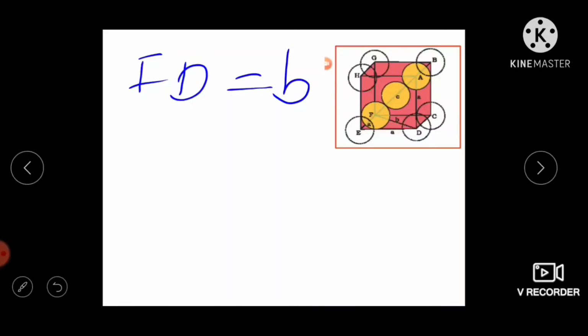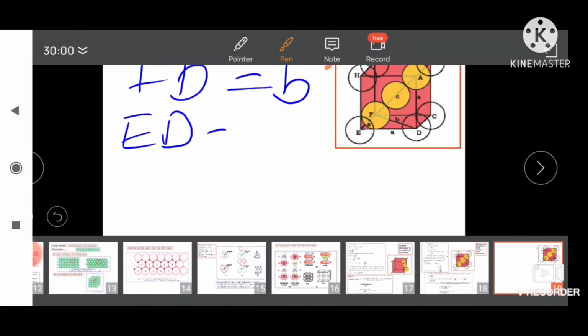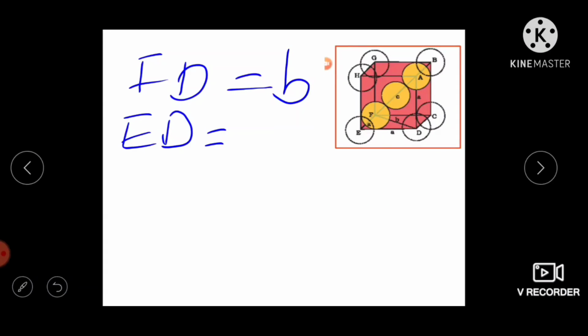So, in a cube, all the edges have equal length. Let us assume ED and EF as small letter a. ED equals EF equals small letter a.